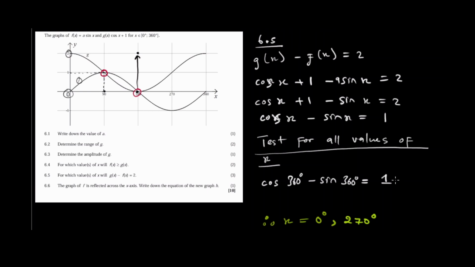So yes, it's equal to 1. And because it is equal to 1, we have to put it here like this. So those are our 3 answers. x is equal to 0 degrees, or 270 degrees, or 360 degrees.